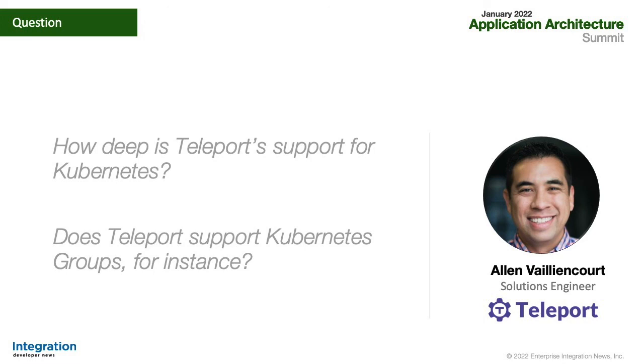So I can say, hey, let's give Vance access to his specific namespace, but let's give Alan access to his namespace. So when we use Teleport to log into our Kubernetes clusters, we can only see our specific namespaces. So we can be that granular in our Kubernetes groups, as well as using role-based access controls to limit what they can and cannot see.